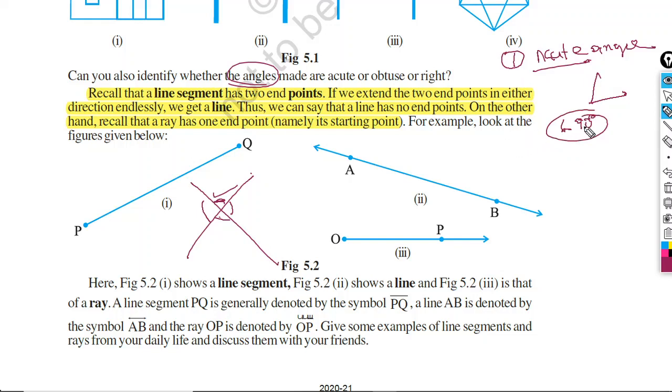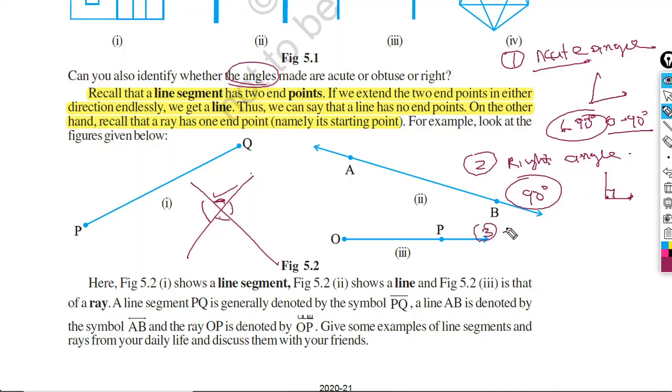That means 0 degree to 90 degree, or you can write the region 0 degree to 90 degree. Now number 2 was right angle. In a right angle, the measure was exactly 90 degrees. The figure is like this.